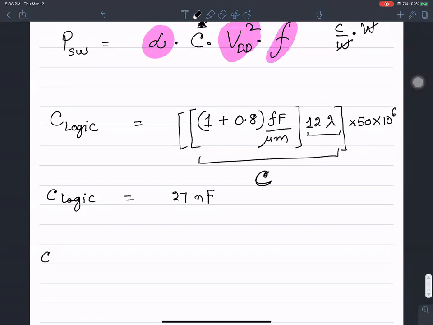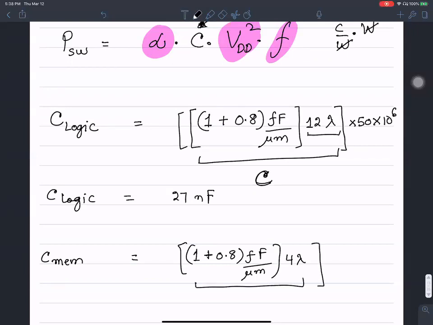Okay, let's calculate C in the memory, the capacitance coming from the memory. The capacitances are given to be 0.8 and 1 femtofarad per micrometer. When I multiply that by the average width, 4 lambda of the memory transistor, I will get the capacitance for one transistor.